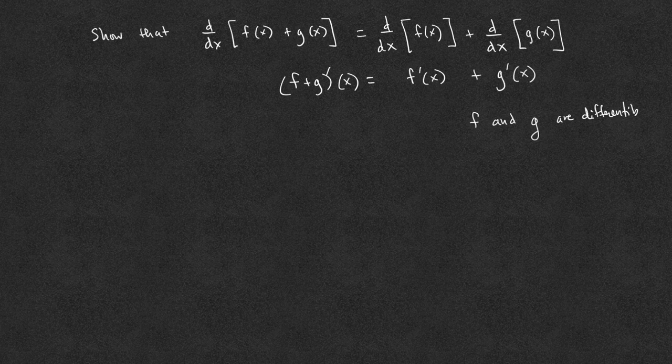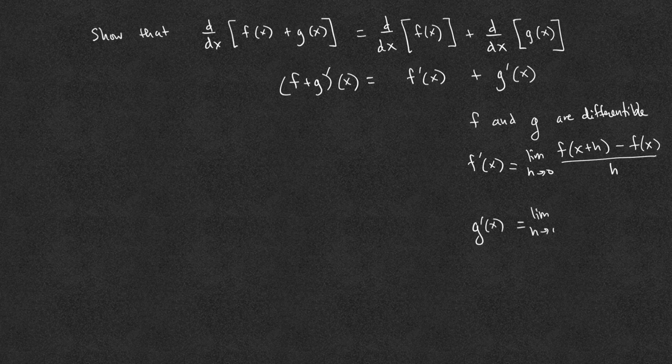What that means is that f prime of x equals the limit as h goes to 0 of f of x plus h minus f of x over h, and g prime of x exists, and it is the limit as h goes to 0 of g of x plus h minus g of x over h.